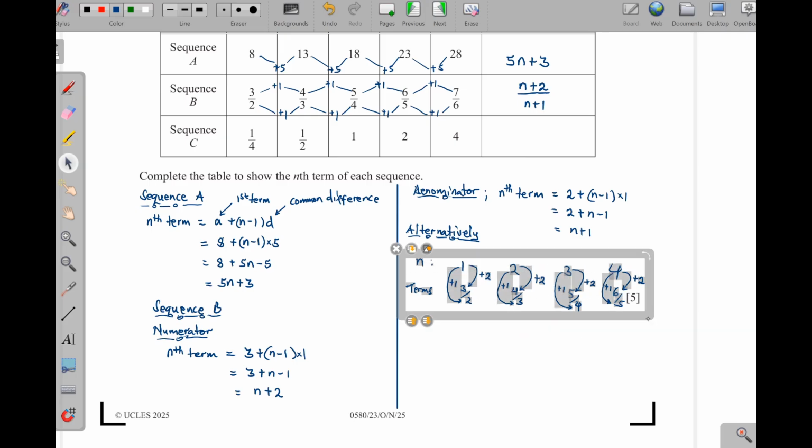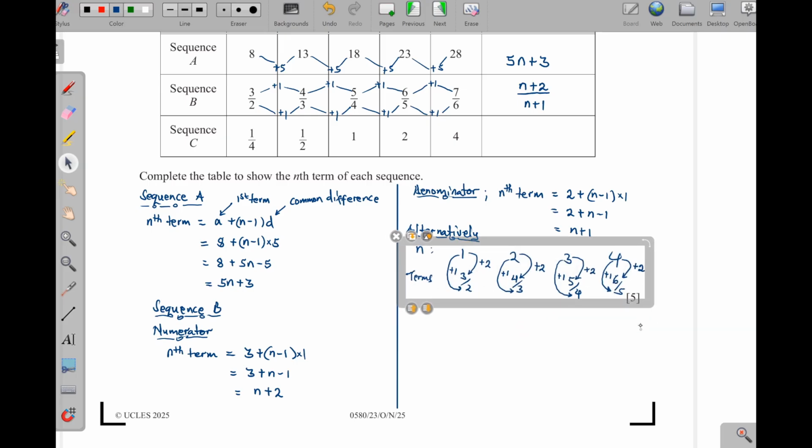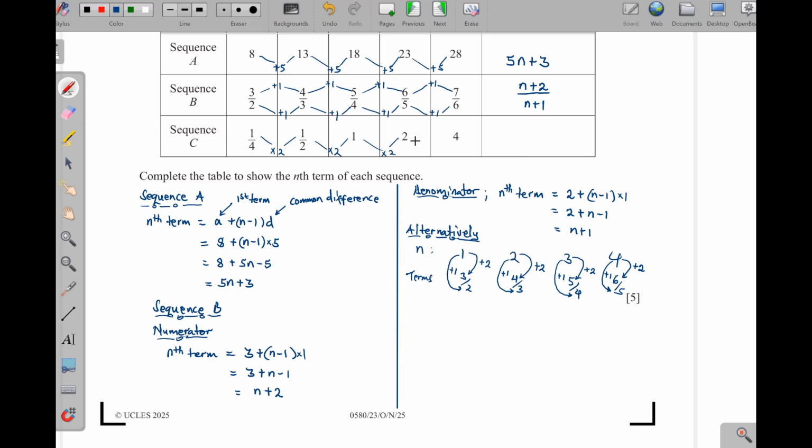We can now go on and then we look at sequence C. Now when you look at sequence C, from here to this, we are multiplying by a 2. Not so? Multiply by 2, multiply by 2, multiply by 2. So such sequences are called geometric.